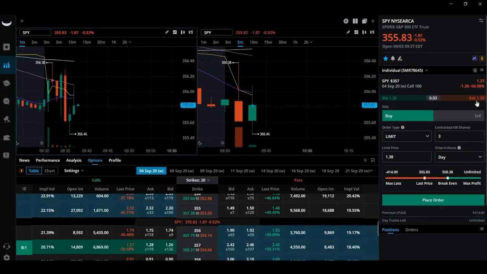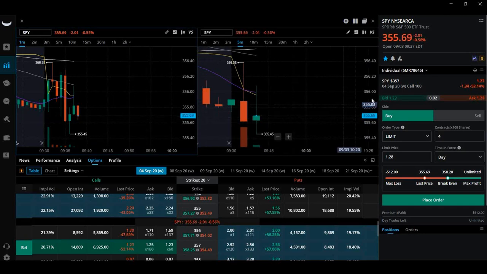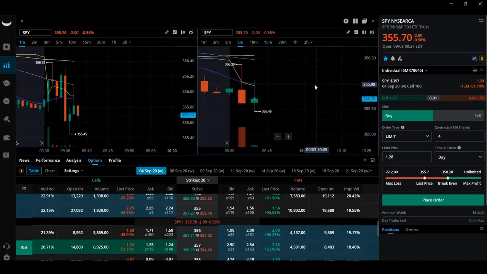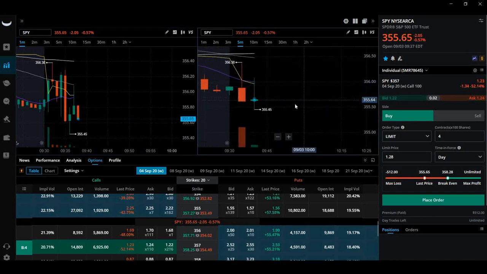Well, yeah, 355.45 is the low of this third candle on the 5 minute. 356.38 is the high of the first 5 minute candle. So like yesterday, I would rather buy on the dip than buy an extended move for the push up.